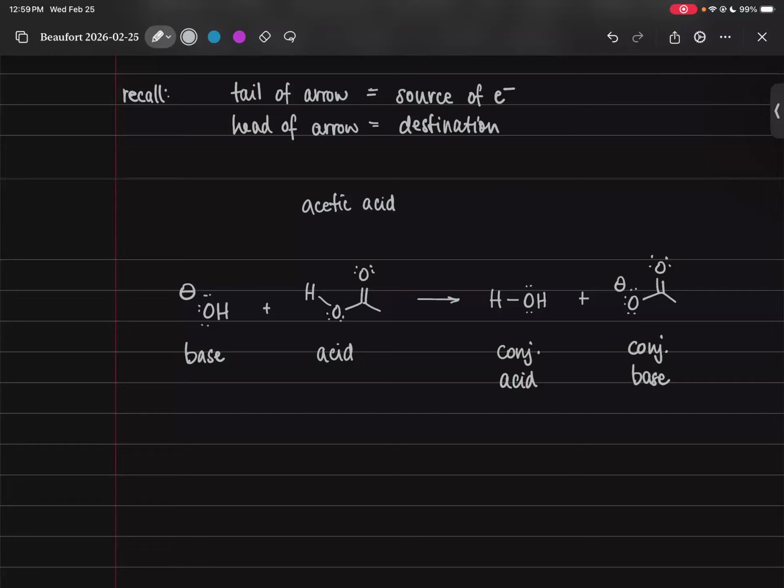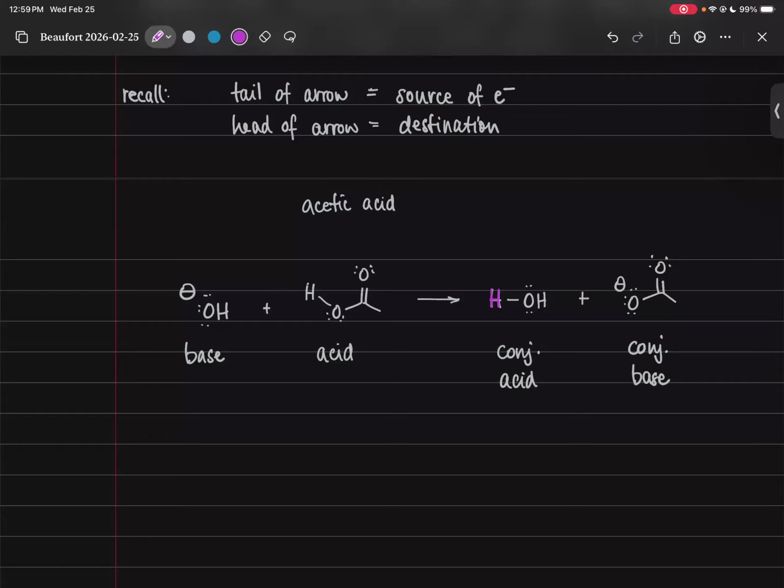Now, we sort of did the cheating method here to figure out what these were, but we can also check the proton transfer part to see if our assignments are correct. So what proton is being transferred? The base accepts a proton to become the conjugate acid. This proton that's shown up is the proton that's transferred on that side. And then the acid loses a proton to become the conjugate base.